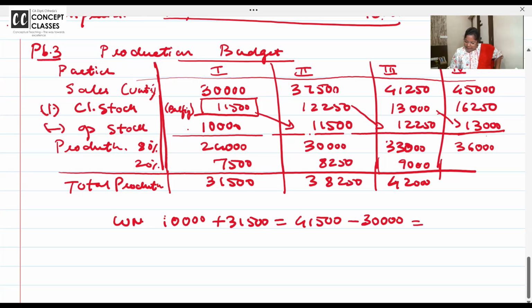अब यहाँ पे उल्टा कैलकुलेशन है. 45,000 you have sold plus 16,250 is in stock minus 13,000. So total produced is 48,250 and please put in bracket the balancing figure.